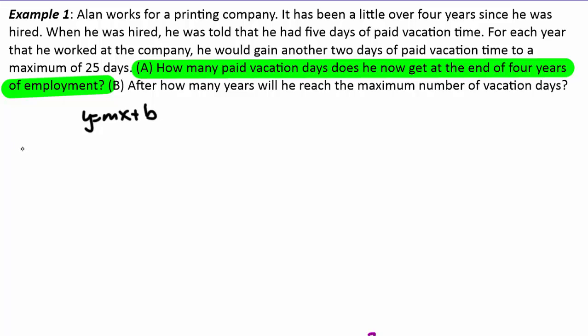But we have to know what each one of the variables represents. Y is going to represent the total vacation days. M is going to represent the number of days that increased each year, the rate of change.